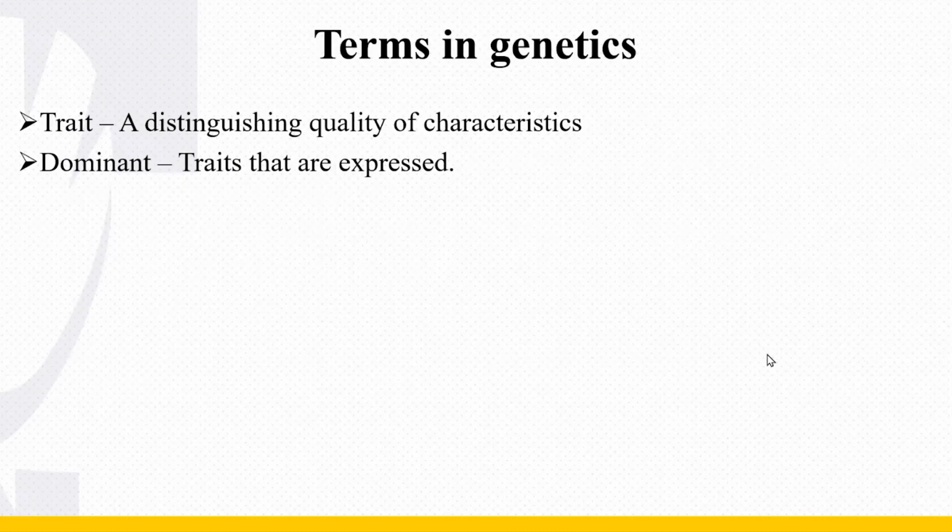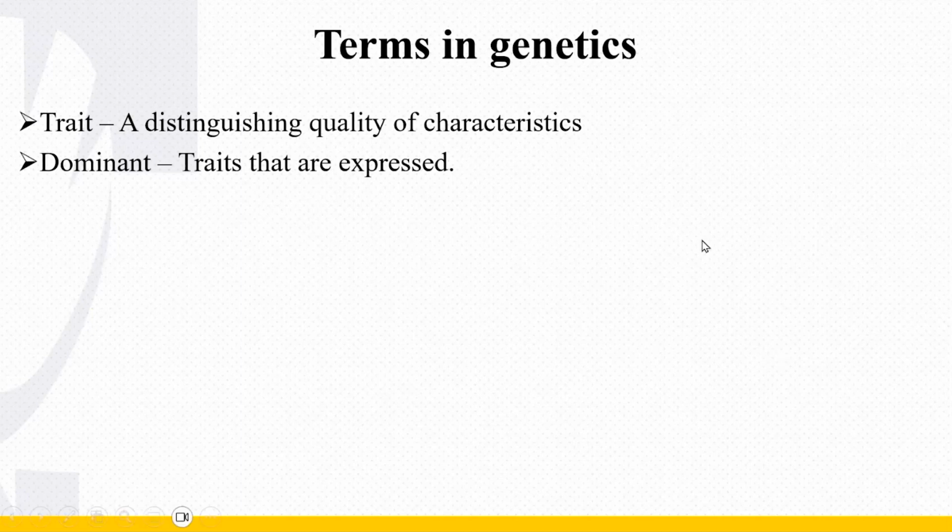So we want to go ahead and talk a little bit about some of the terms that we're going to use in genetics. So we have a trait, and that trait is that characteristic that we're looking for.